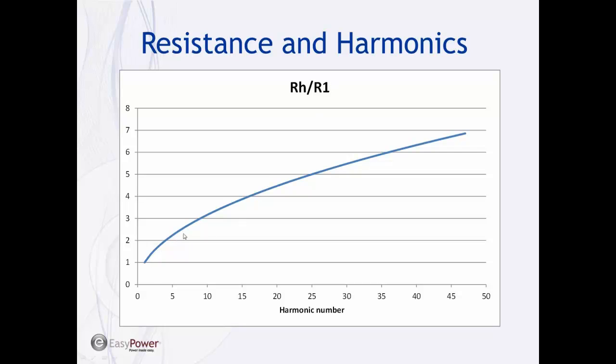So you can see that this is increasing, and the basic equation for skin effect factor is that the resistance is proportional to the square root of the frequency. So that's how it increases. So higher the harmonic, higher the resistance, and therefore the losses are going to be much more prominent.